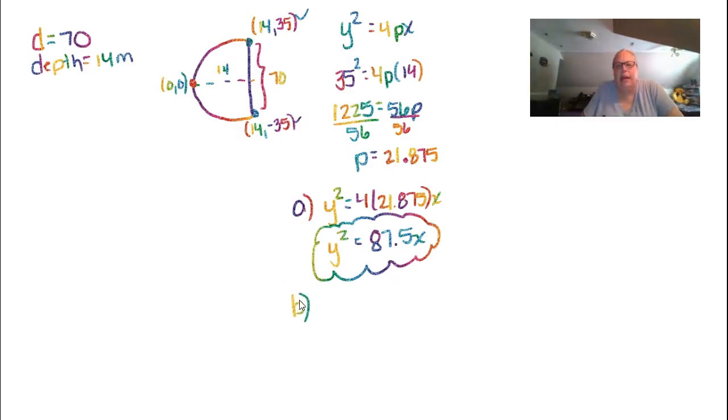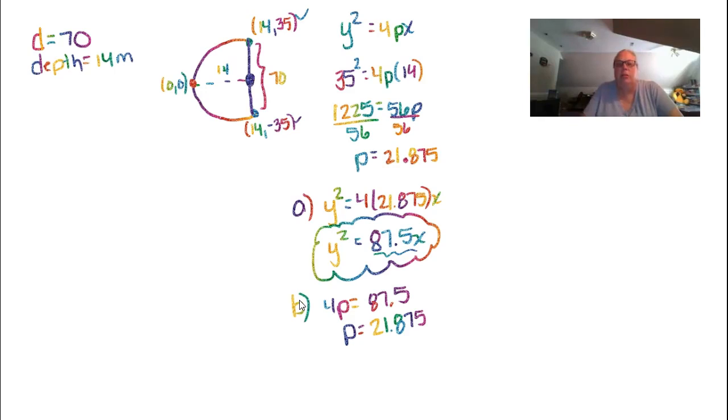And we can figure this out, remember, by taking 4p and setting it equal to the coefficient right here, 87.5, but we already know how that's going to work out because we just multiplied those earlier. So we know that p is going to be equal to 21.875. Okay, so what that tells me is that my focus is going to be located right here on this line.